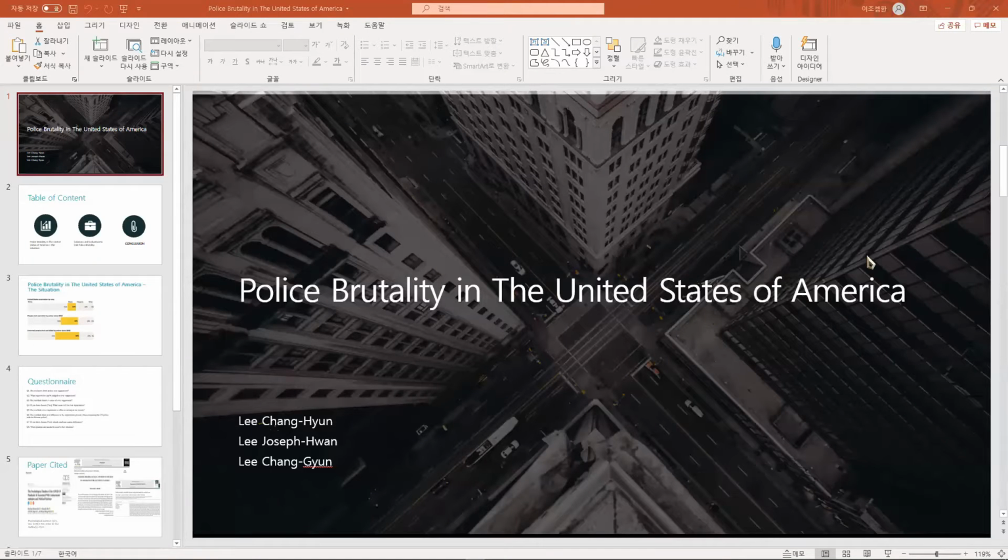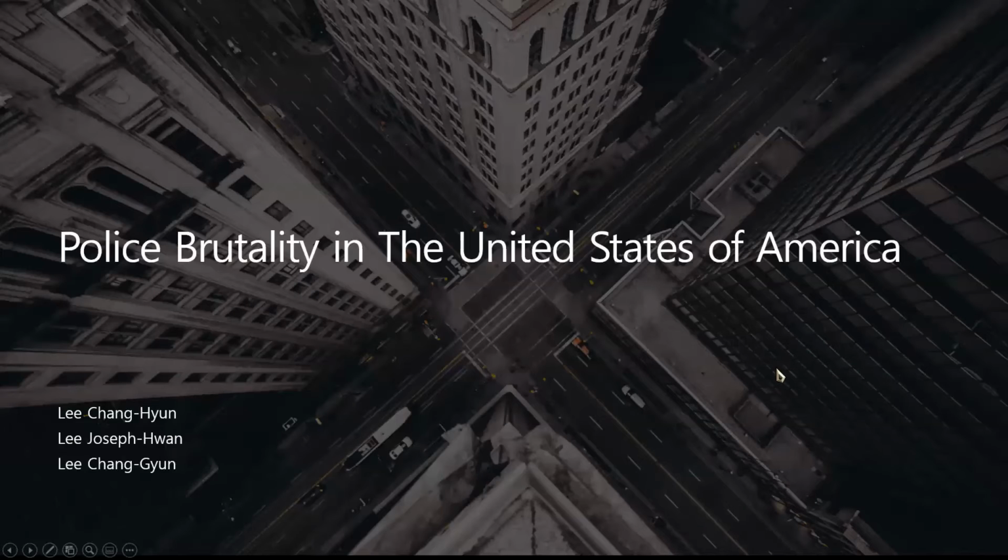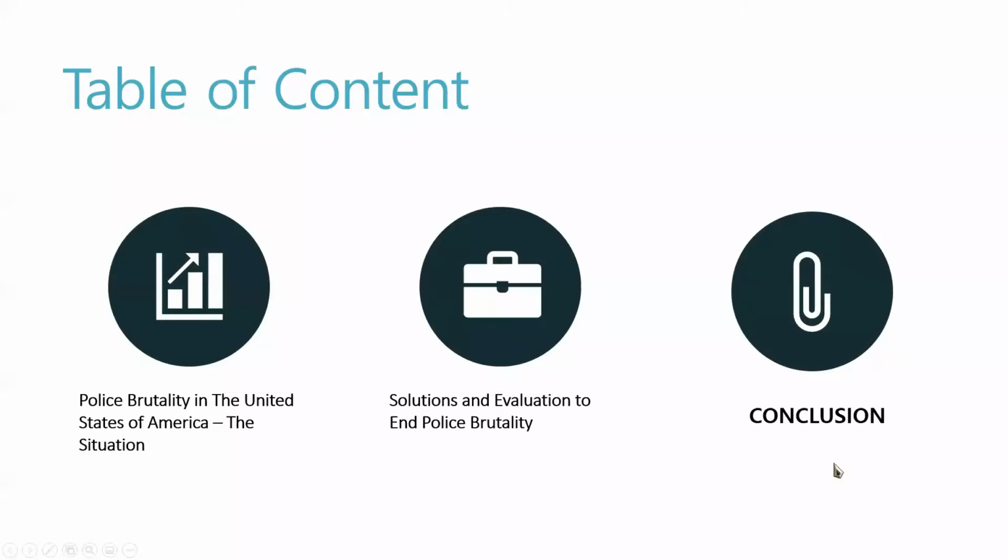Can you see the screen? Yes, now I can see it. So our group is talking about police brutality in the United States of America, and Lee Chang-gyun will start the presentation. Before we begin, I will present a table of contents. First, police brutality in the United States of America, the situation. Second, solutions and evaluation to end police brutality.